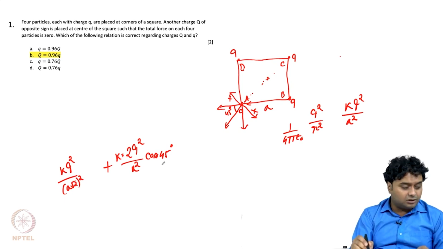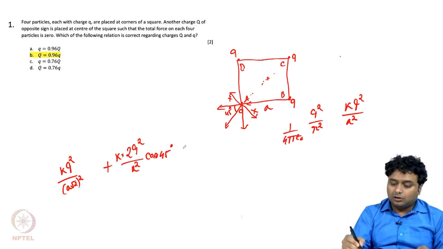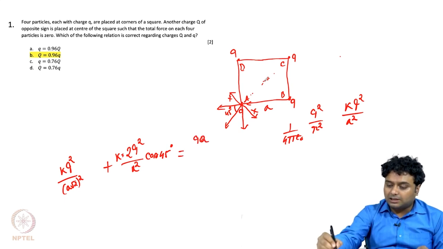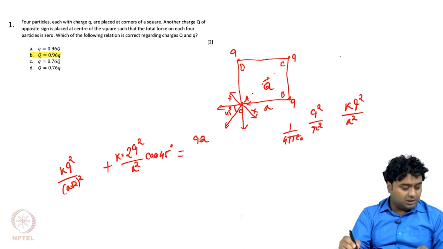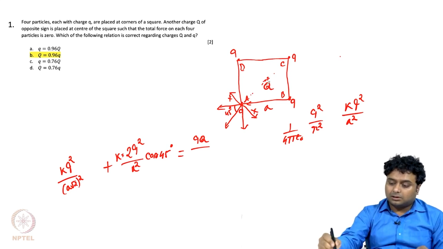So this is the repulsive force, and for the total force to be 0, the attractive force also has to be the same. The attractive force is, the charge at the center is capital Q, the opposite charge, whether it is plus or minus, opposite in sign with respect to the small q charge. So it is k Q q divided by the distance, which is half of the diagonal, so the distance between the capital Q charge and the small q charge at A is A by root 2.